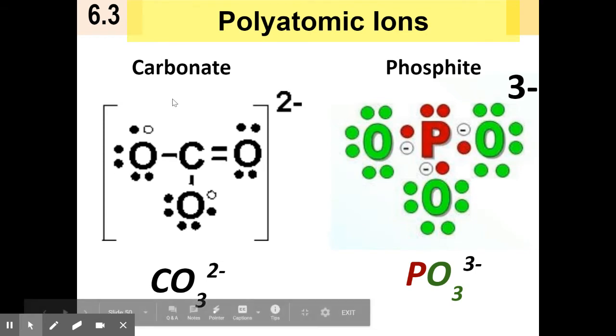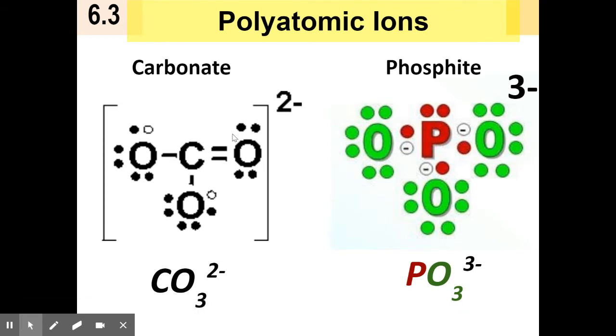It's made of a carbon and 3 oxygens, but it acts like a single ion. It acts just like any other -2 ion would. It acts like an oxide. It acts like a sulfide, okay? It bonds ionically in exactly the same way, except it is polyatomic. It's made of several atoms working together.